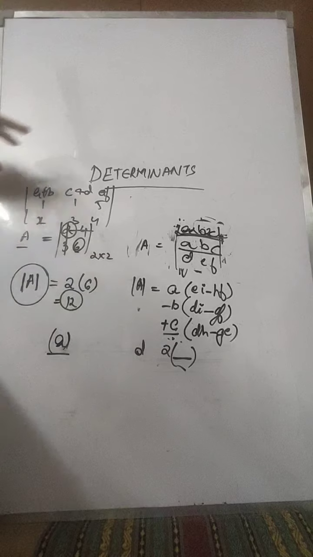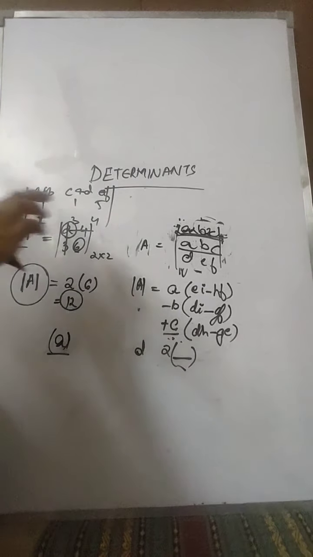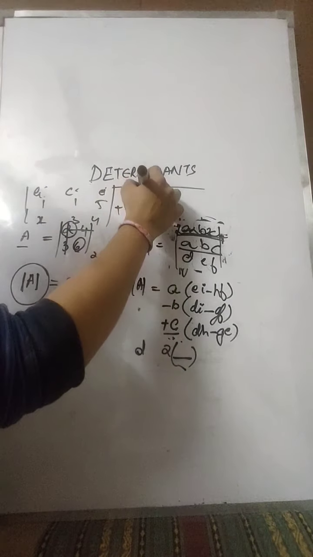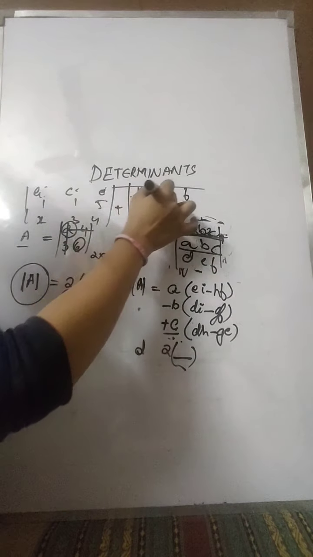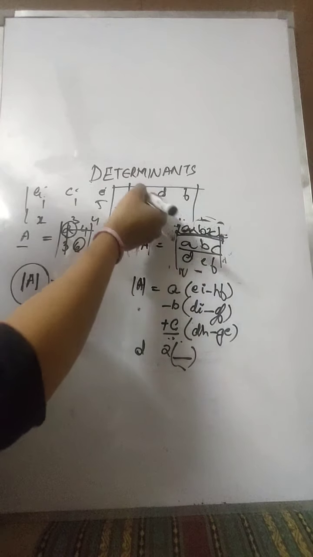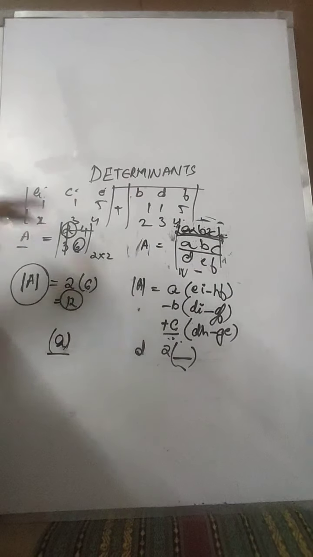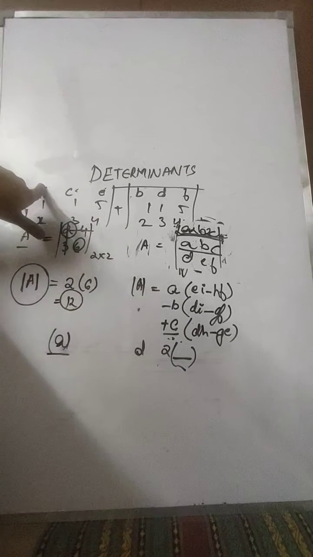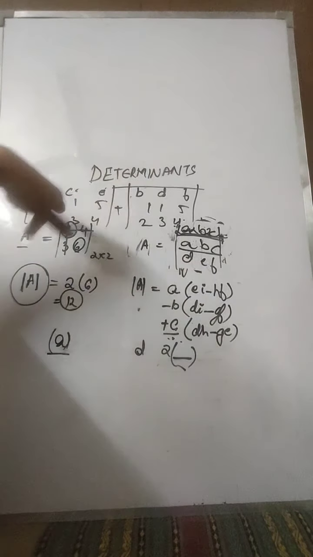Then I can make this a sum of two different determinants, wherein I can write A, C and E, and the other one will be B, D, F, and then 1, 1, 5, 2, 3 and 4. So whenever I am given a determinant with the sum of two values, I can break it into two different determinants.